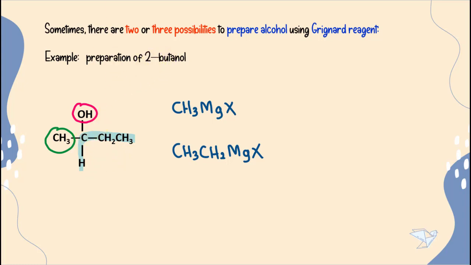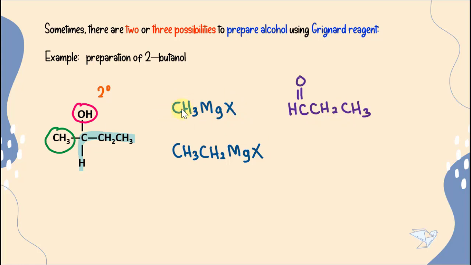Since 2-butanol is a secondary alcohol, it will be produced when the Grignard reagent reacts with an aldehyde, except methanal. So in this case, our aldehyde will have C double bond O H. Let's draw it: C, the single bond to OH we change into a double bond O, and then erase the hydrogen here, because we need to have our carbonyl compound, and next to it we have CH2CH3.